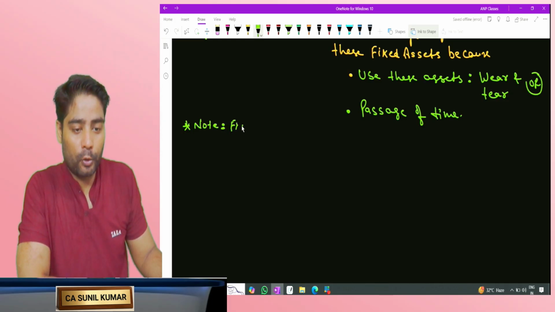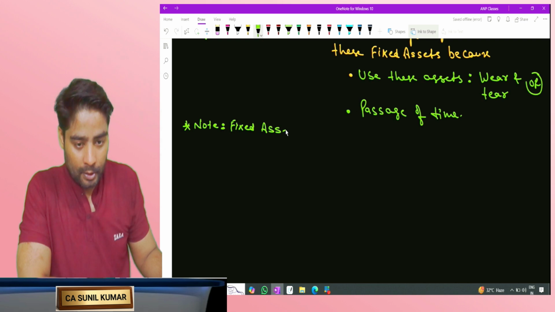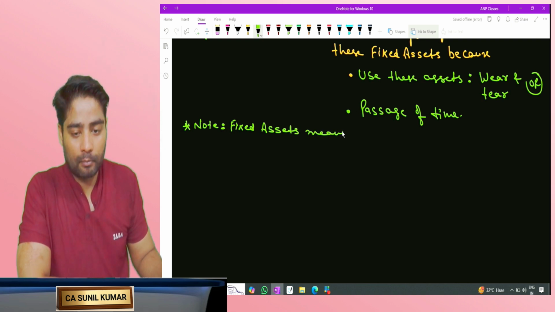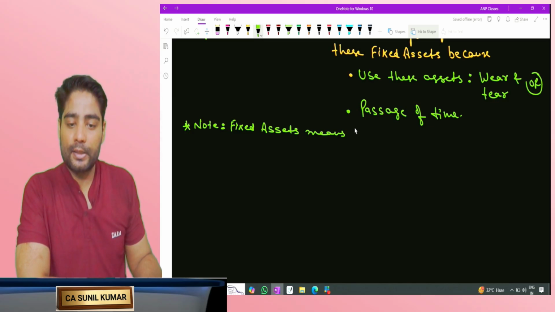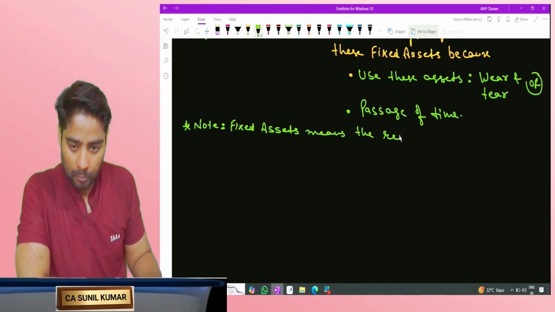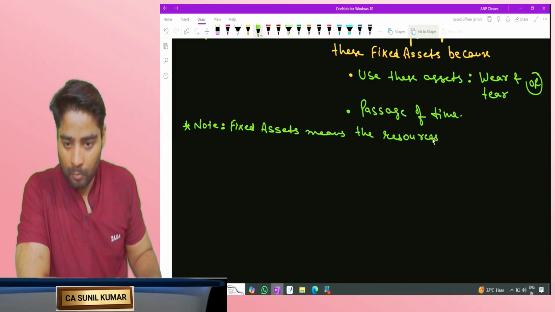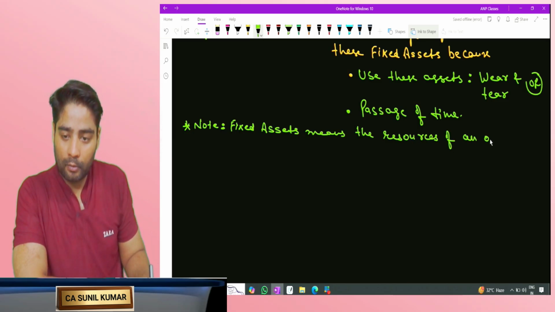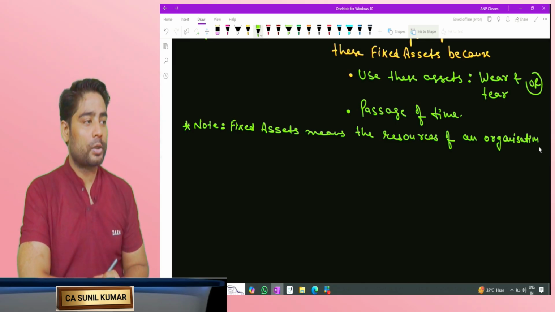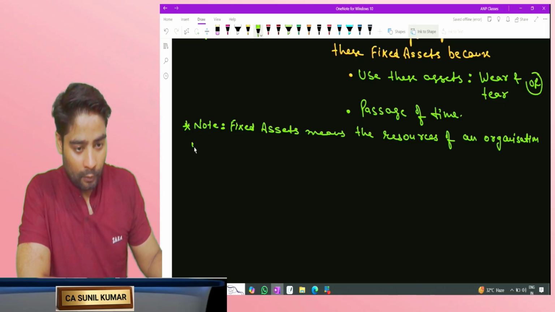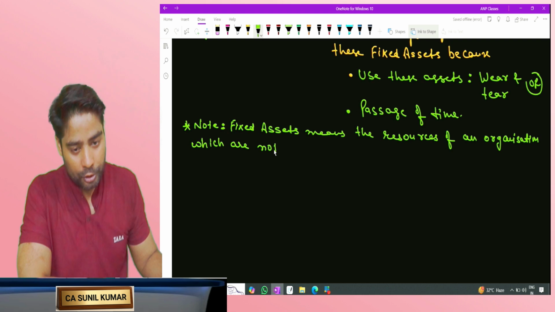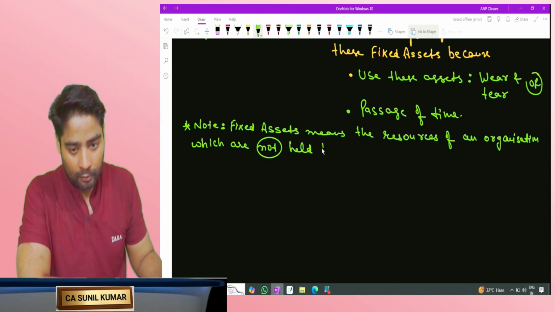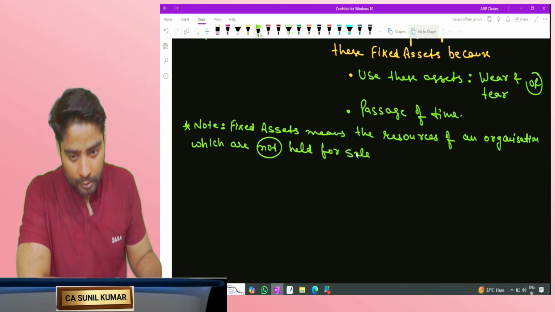Okay, so write down, note, fixed assets. What do we mean by fixed assets? Fixed assets means the resources of an organization which are not held for sale.